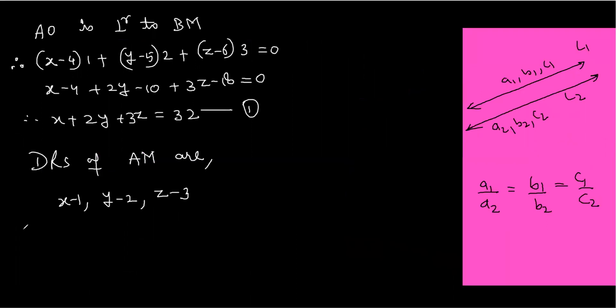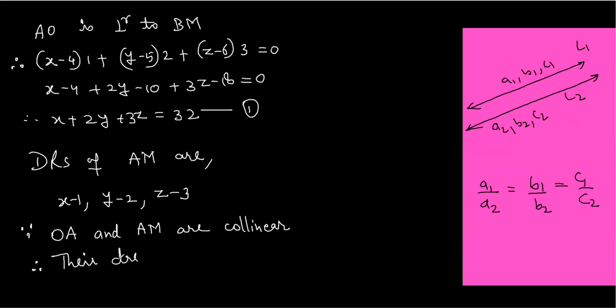So here I will write, since OA, or AO, whatever you write, and AM are collinear lines, therefore their DRS will be proportional.